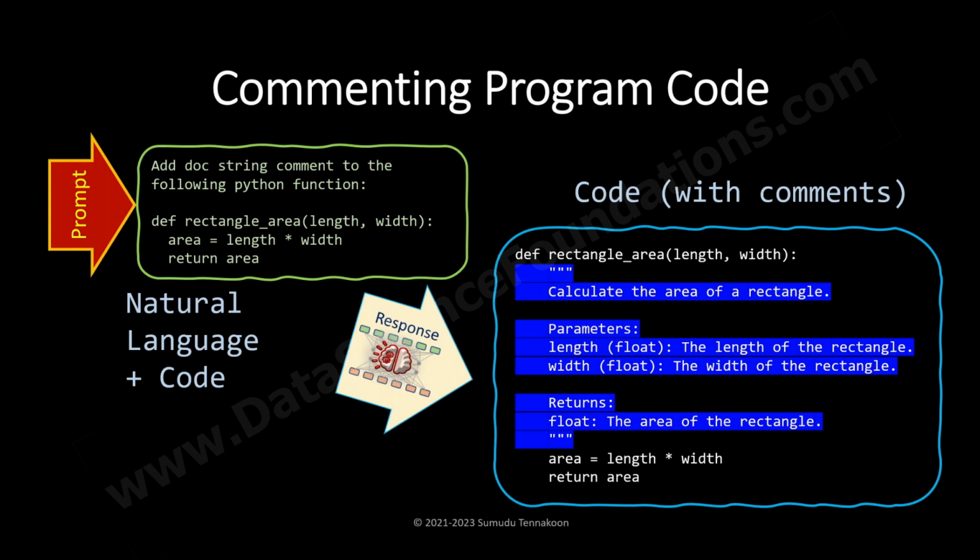If you learn Python, you know what a docstring is. You describe your function with the parameters, return values, and some description. This generates a reasonably good docstring with what we need to achieve. So this is another useful application of generative AI with the code modality and the language modality or text modality. Code plus natural language, you can achieve a very useful task.